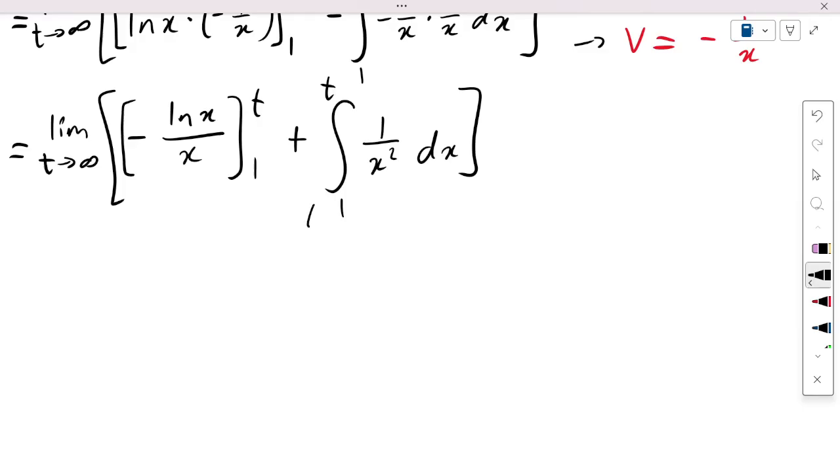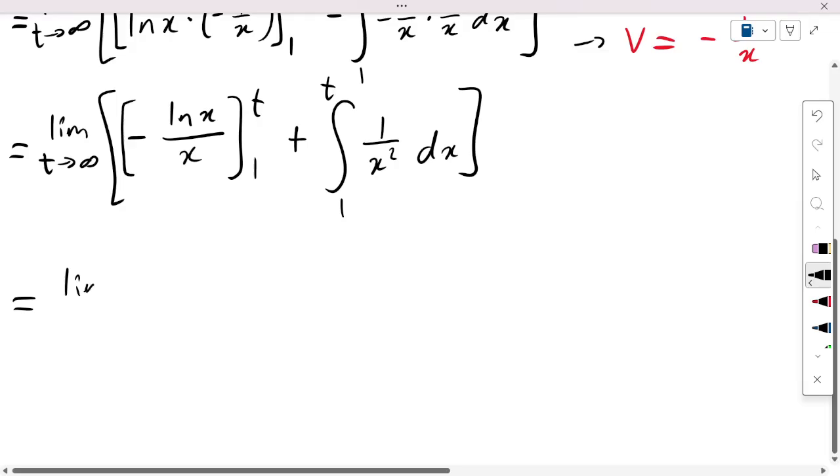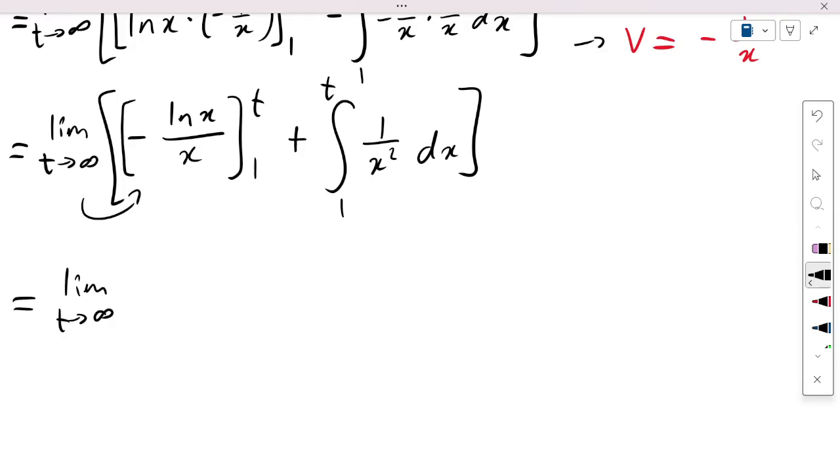Now we can integrate this inside. It's the limit as t approaches infinity. To make things easier for ourselves, I want to take the limit into both terms.